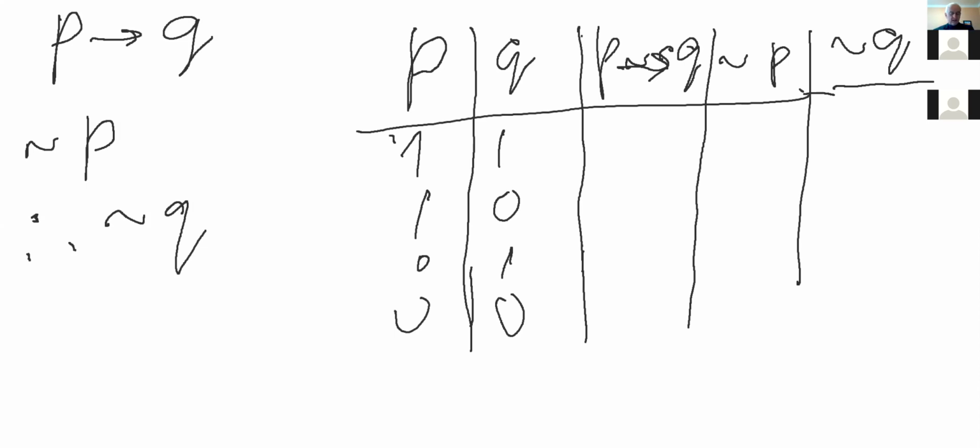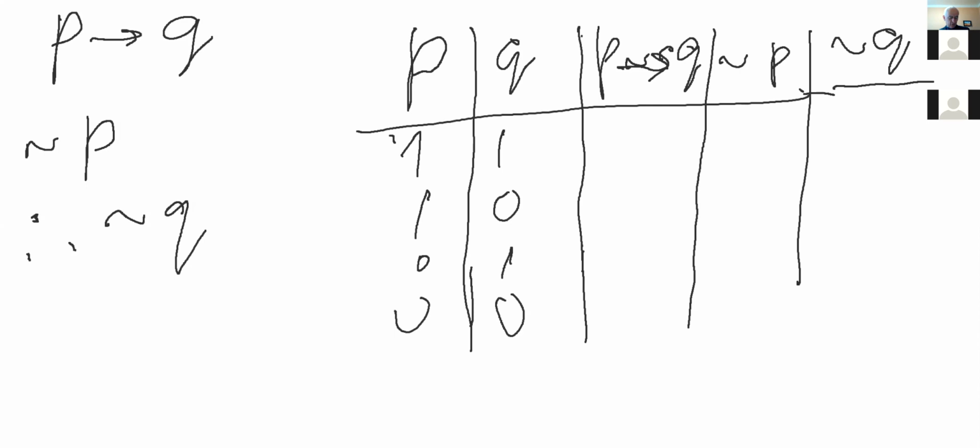Now, P implies Q. This implication is true in 3 cases and false in only 1 case. Do you remember what this case was? When the necessary condition is false. Yes, when P is true and Q is false.